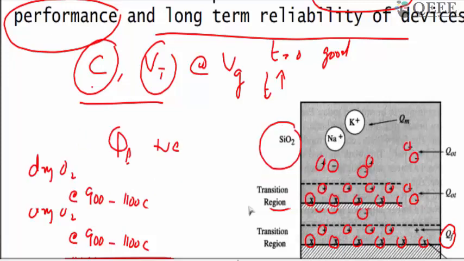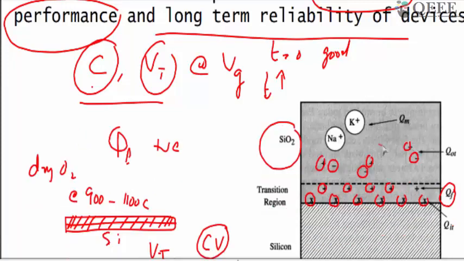So you can have a gradual buildup of charges inside this oxide, especially the trap charges. If there is gradual buildup of charges, your capacitance is going to be a function of time. So your VT, the capacitance, everything becomes a function of time. I am not saying it changes in a fraction of milliseconds, but over the lifetime of the device.